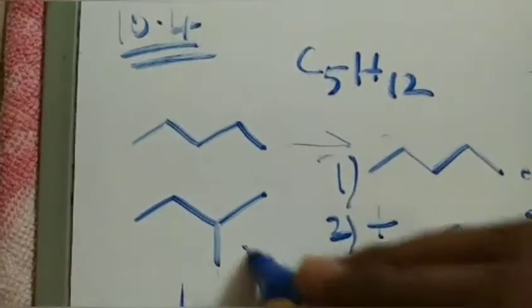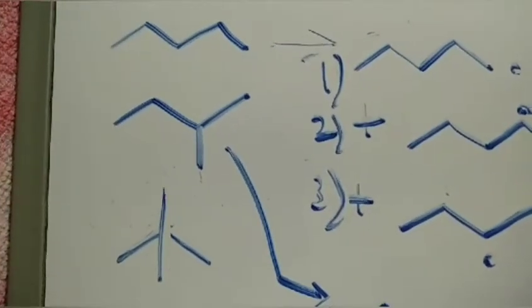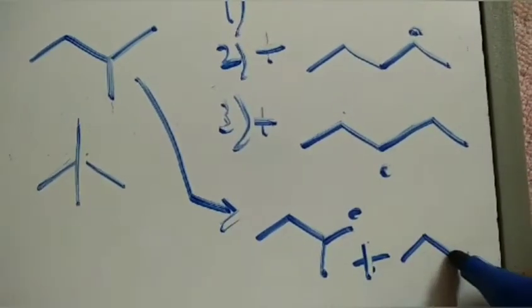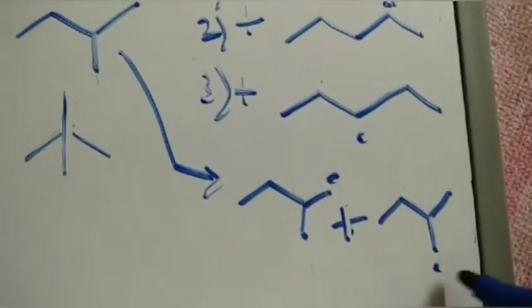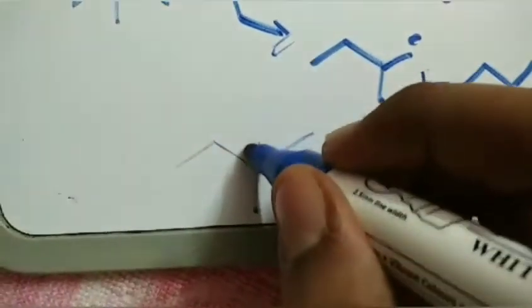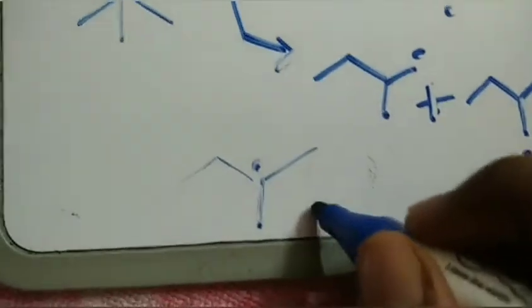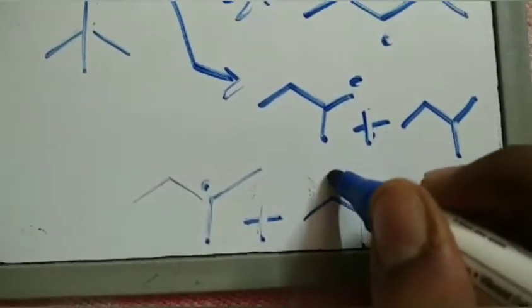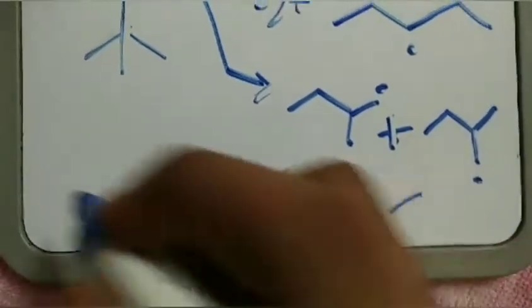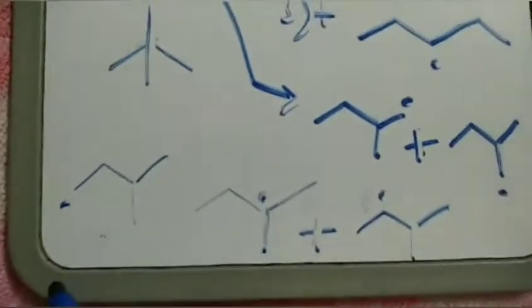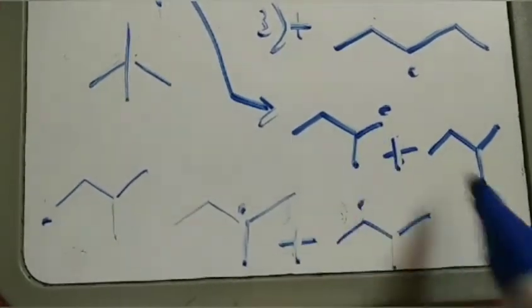Now for this one, if you see, this one here, one radical is possible, here one is possible, so one more is formed here in this position, and this is formed here also one, and you'll get this radical also. But the problem is here, this and this are the same if you consider.